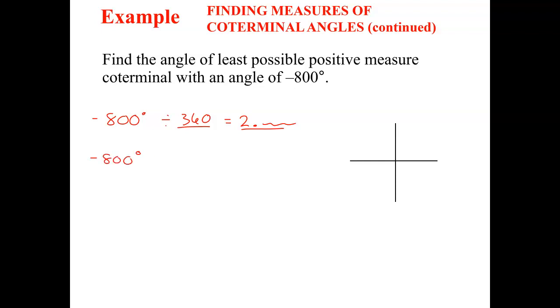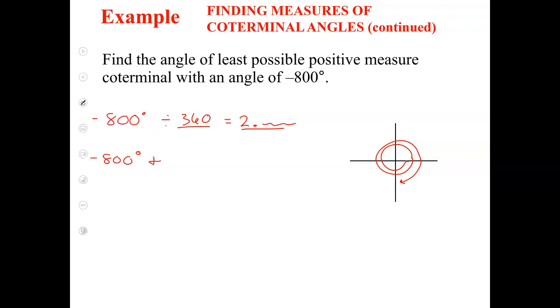plus, so we have more than 2 rotations, right? Now 2 rotations, because I'm negative, is still going to put me in the negative. Here's 1 rotation, 2 rotations. I have more than 2 rotations.